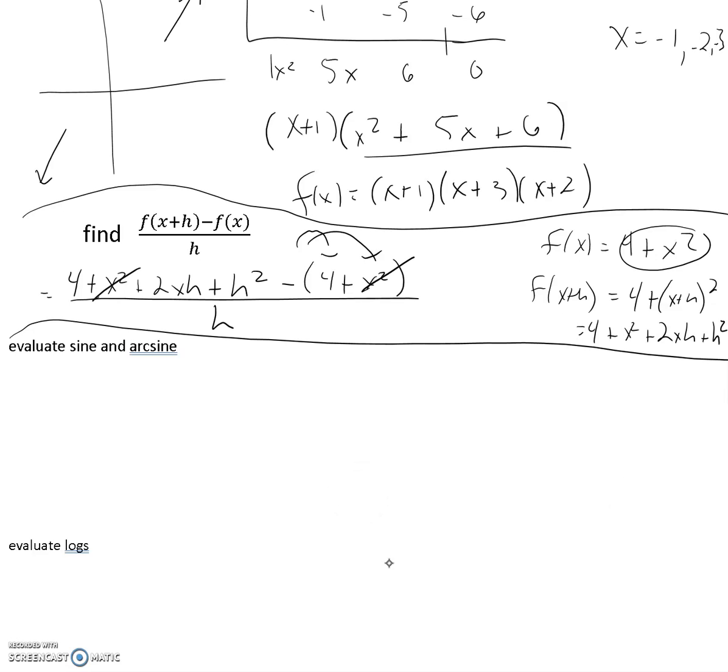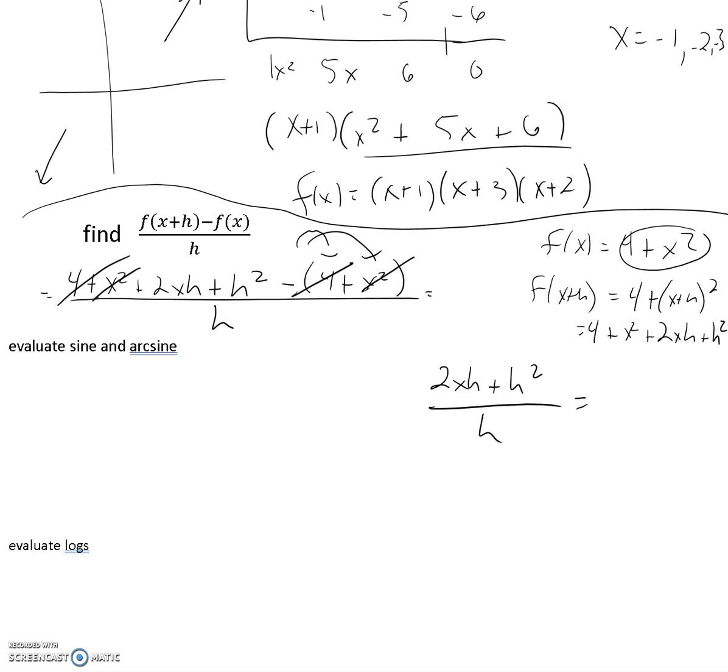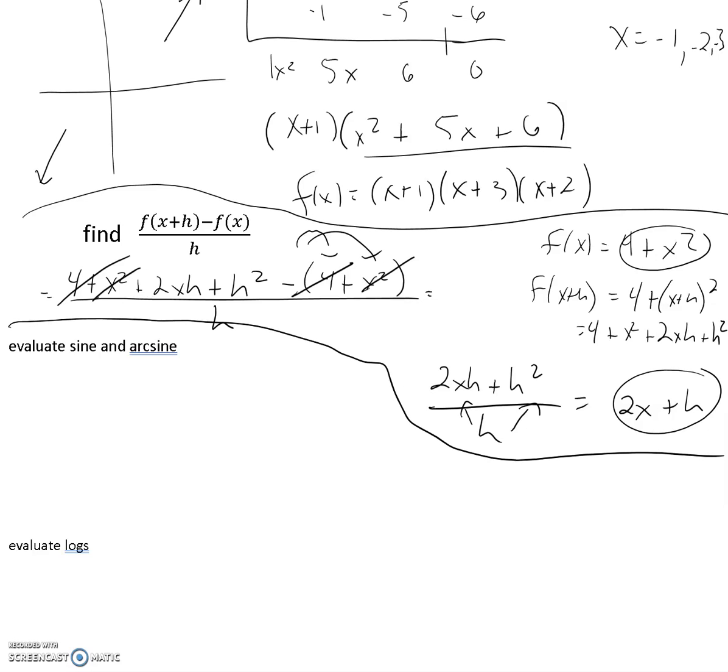So that's gone with that. That's gone with that. And it just leaves me with 2xh plus h squared on top over h. Then we can divide h into both of these terms. 2x plus h. And that is the difference quotient.